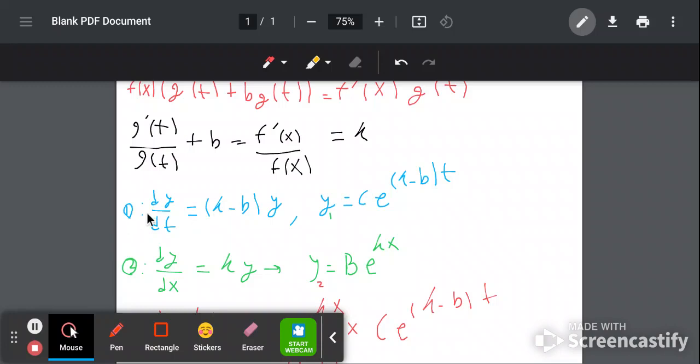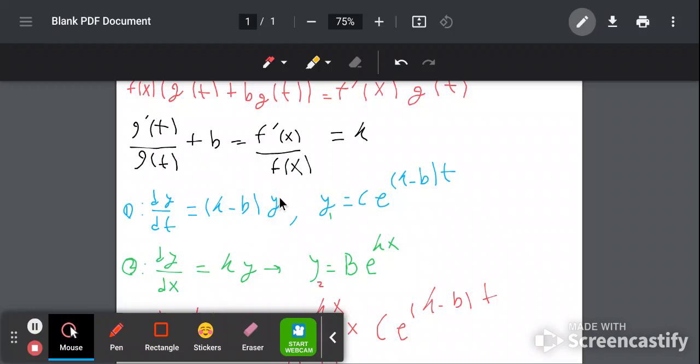For the first one, I wrote g prime of t as dy over dt, the same thing, is equal to, and then I subtracted b from both sides, so I get k minus b, and then multiply by g of t, which I wrote as y, because that's the function.